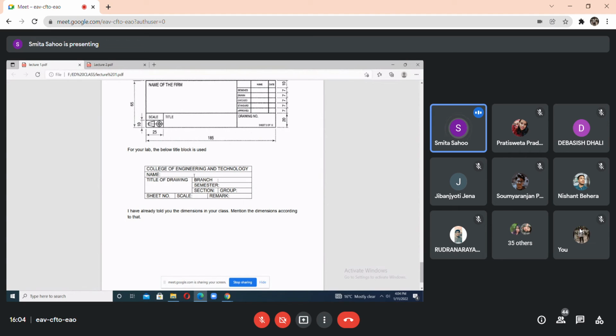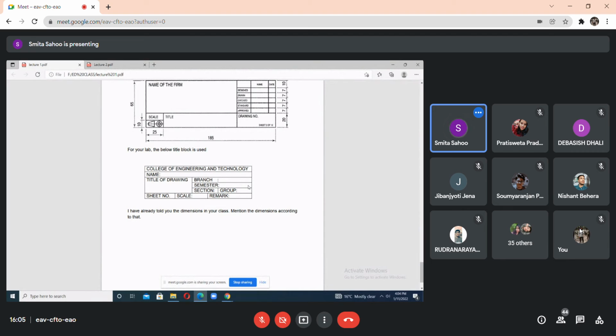You write your name, and then there is the title of the drawing. Suppose you are drawing the first drawing, that is lettering, we will write the title of the drawing is lettering. Suppose we are drawing the second sheet, that is dimensioning, we'll write dimensioning over here. Now here to the right side, in the column we write the branch, civil engineering, and semester, first semester.